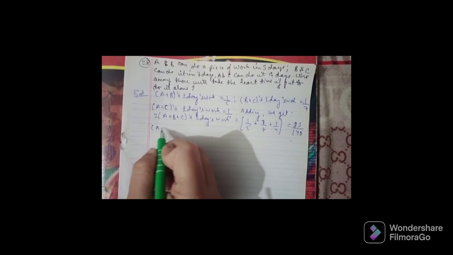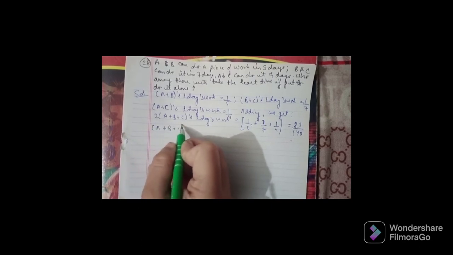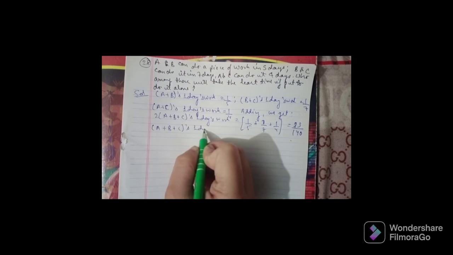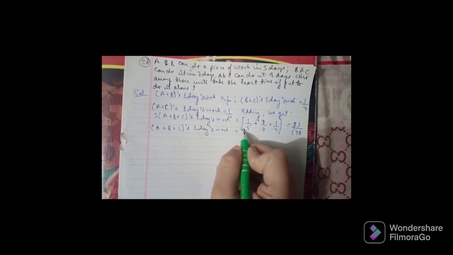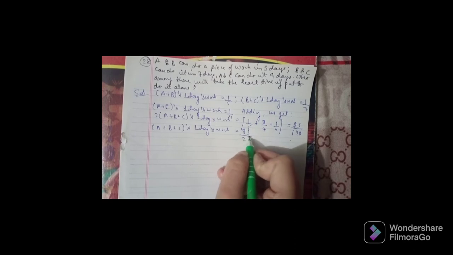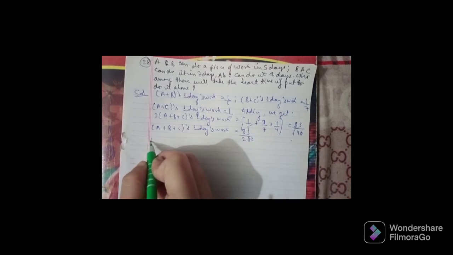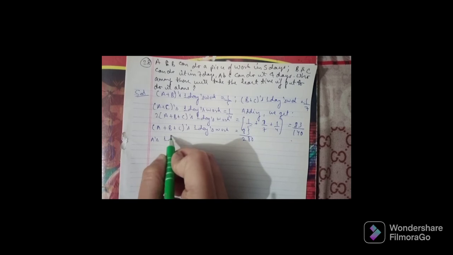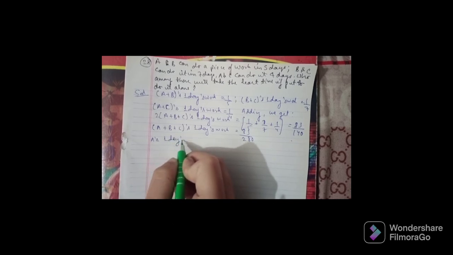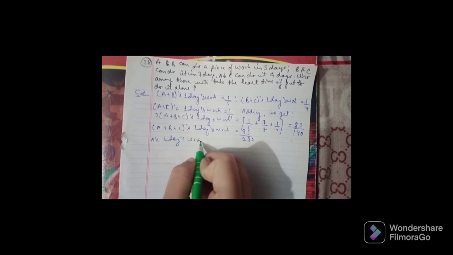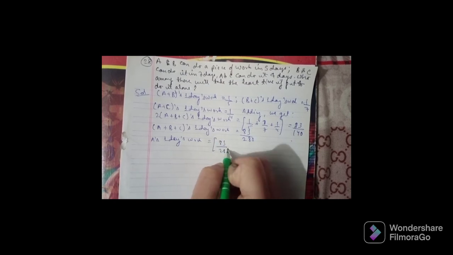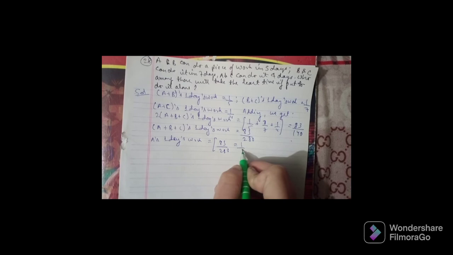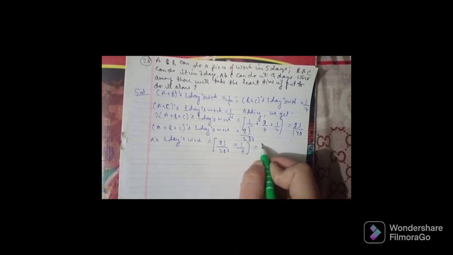So A plus B plus C's 1 day's work equals 83 upon 280. A's 1 day's work equals 83 upon 280 minus 1 by 7, which equals 43 upon 280.